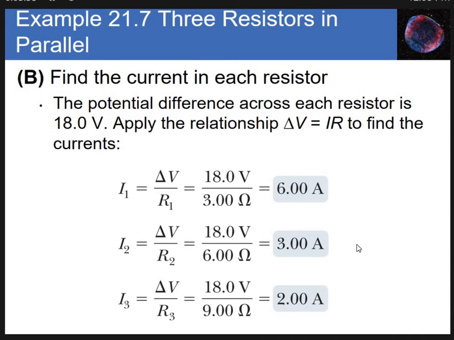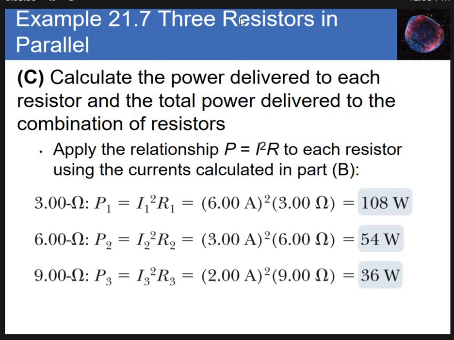Now, another interesting question that they asked in this problem is, how much is the power? We haven't discussed that yet, but I gave you a slide in the PDF. Power is equal to current squared times resistance. Also, you can write it in terms of voltage.